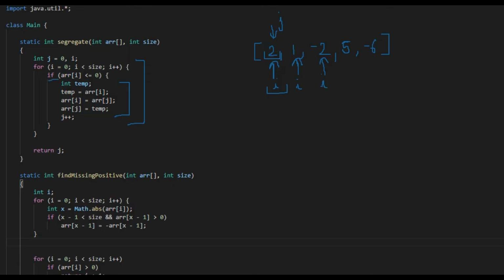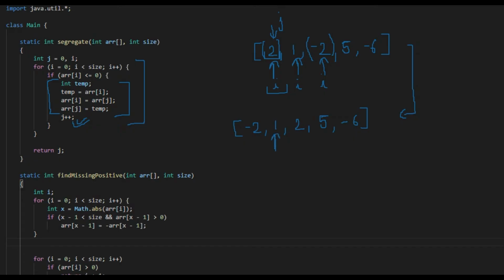This is just a swapping code. So what we will do is we will swap the element at ith and jth position. Now this array will look like minus 2, 1, 2, 5 and minus 6. But now our j, as you can see here, will be plus plus. That means it will go to the next position.